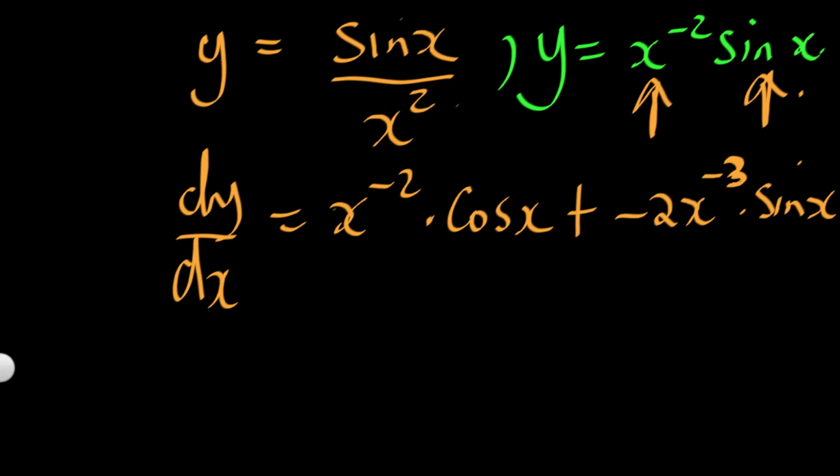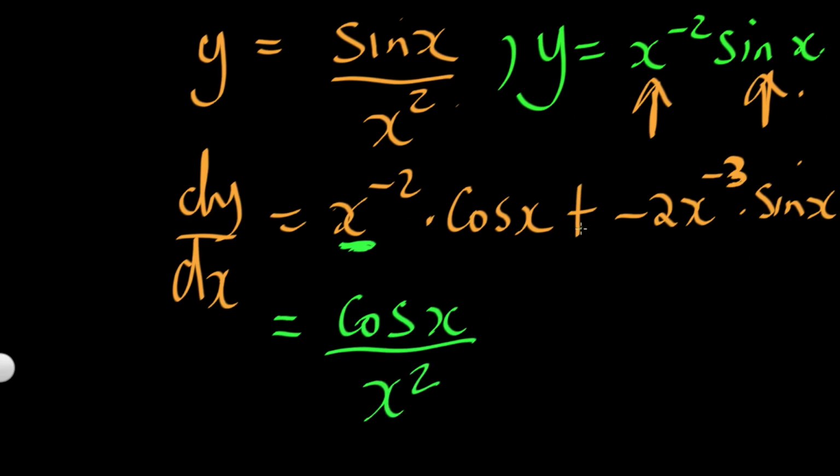I have applied the product rule to this case. Now let me simplify so that I don't have negative powers. If I do that, this one becomes 1 over x squared, so that in the end I have cosine of x over x squared, plus minus, it becomes a minus, 2 is here, sine x, x to the power minus 3 goes to the denominator as x cubed.